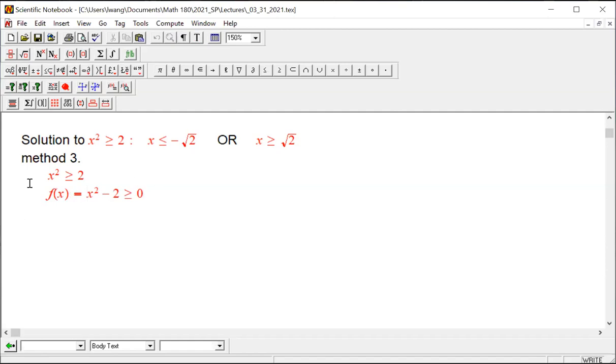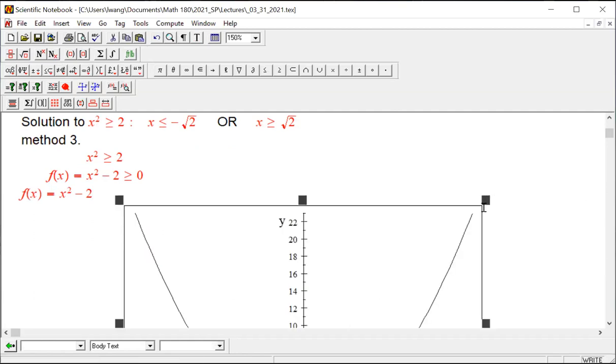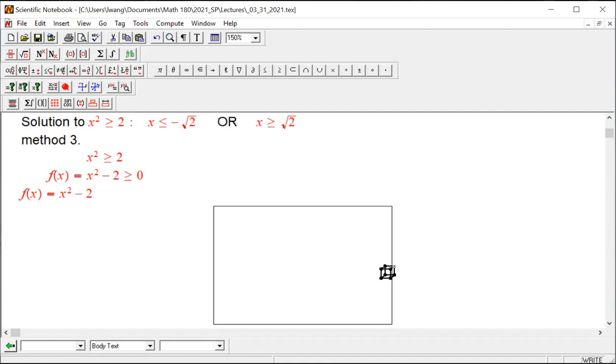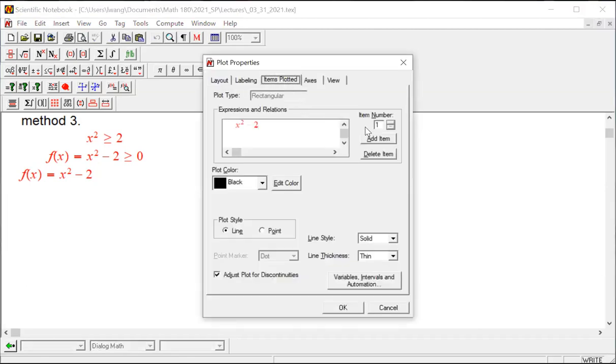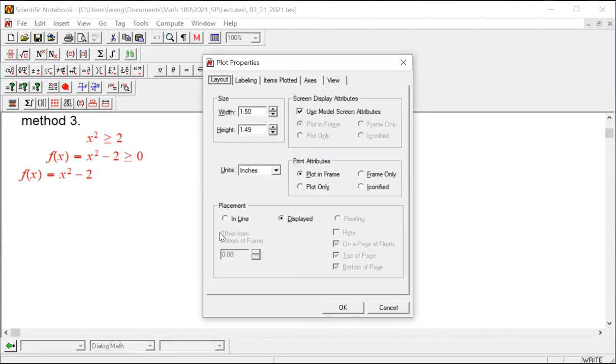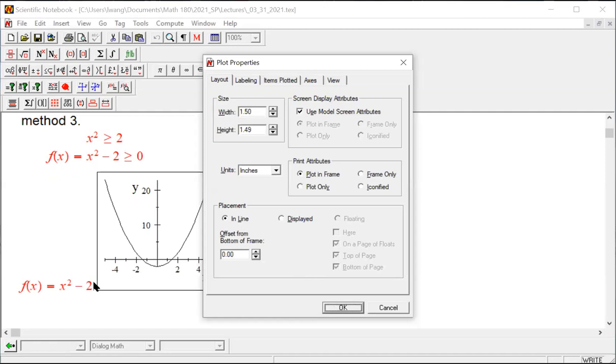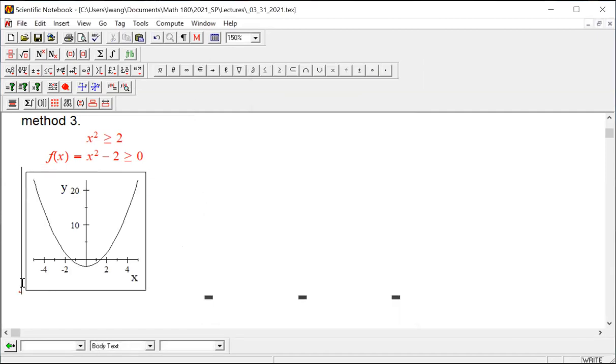That's a quadratic function, and we can graph this quadratic function, can't we? We graph this quadratic function. And then what?